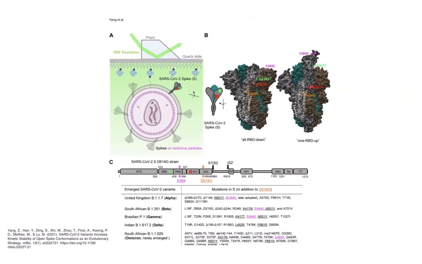Compared to over here, where one of them is open. Yeah, these are going to be closer together here. So are you going to see more FRET if they're all down, or more FRET if one is up? Yeah, you're going to see more FRET if they're down. So you'll get higher FRET if you are in the down conformation.